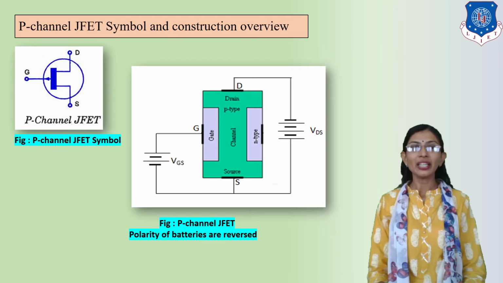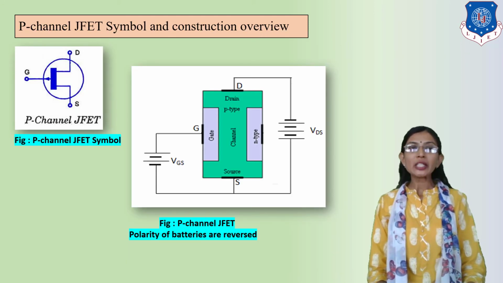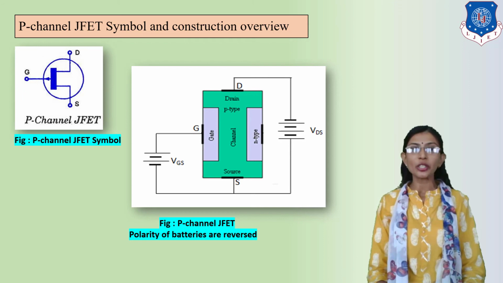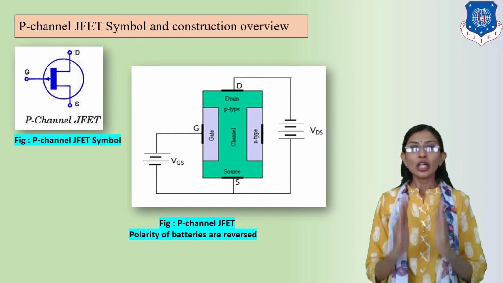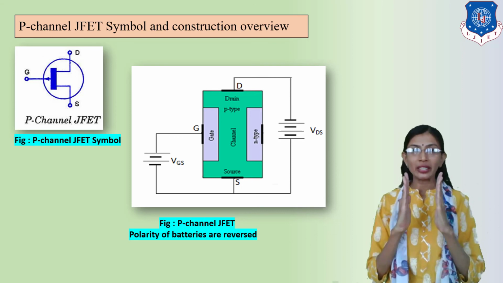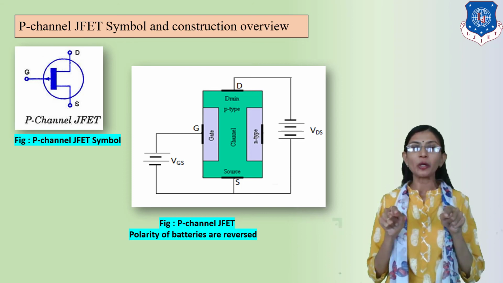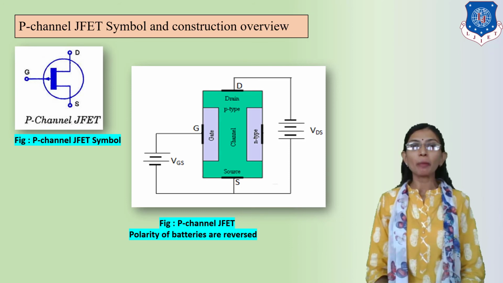Okay. Similarly, I want to explain the P-channel JFET symbol and construction overview. This is very simple. If you understand the N-channel JFET, you can easily understand the P-channel JFET. The only difference in construction is that the channel middle region is P type channel material, and the two gate terminals will be of N type heavily doped regions, and accordingly we will apply the positive VGS, reverse bias, to the gate terminal.